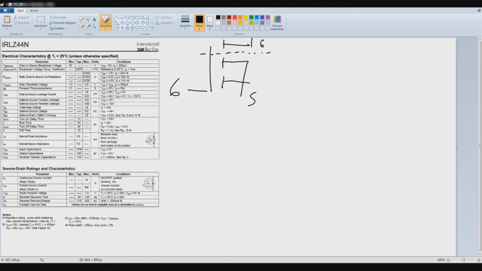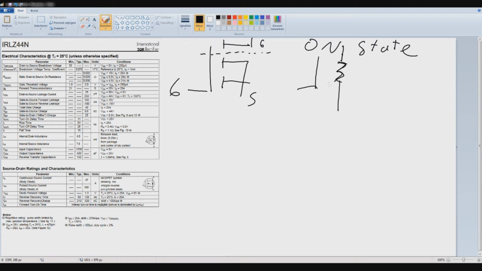And here we have breakdown voltage temperature coefficient, which is not that important. I'm not going to talk about that really. But here's something important, which is RDS, which is basically if we have the MOSFET in its on state, we can see this as a resistor.